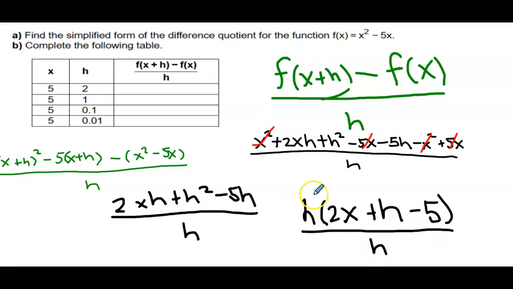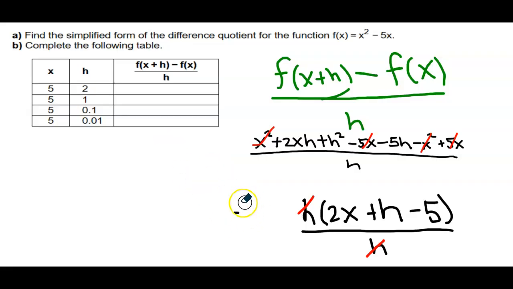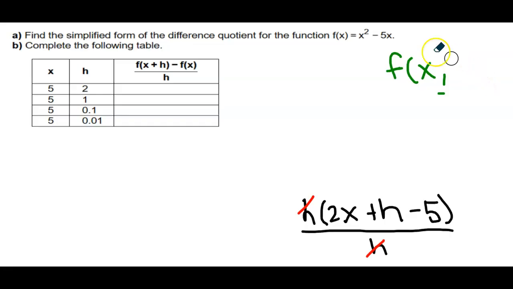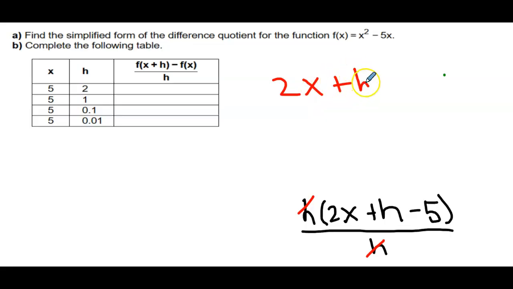Now this factor of h will cancel as a factor of 1. So what's left behind is the simplified difference quotient. It is 2x plus h minus 5. That would be the answer to part A, specifically 2x plus h minus 5.